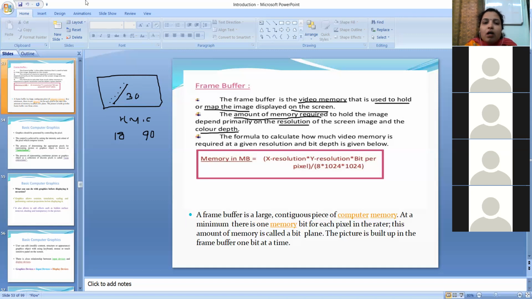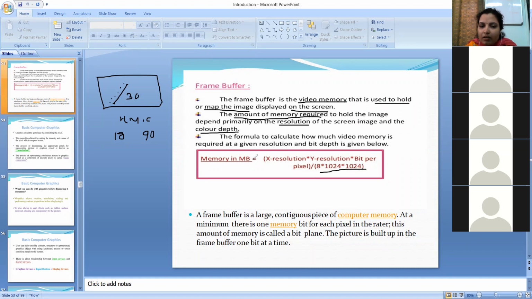The formula to calculate how much video memory is required at a given resolution and bit depth is given like this. The memory in MB is there, and that's why it is getting divided by 1024 by 1024.